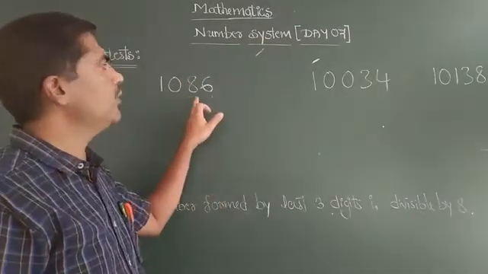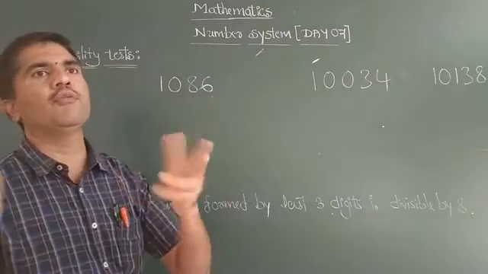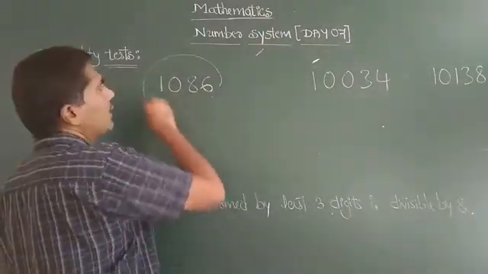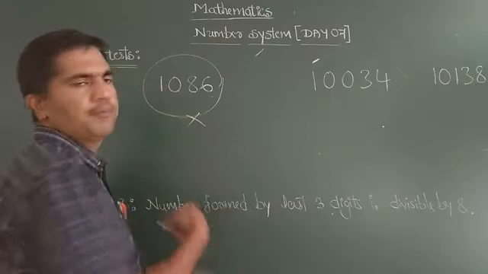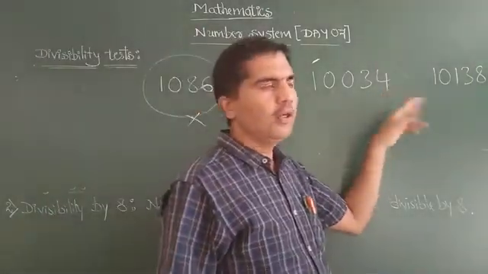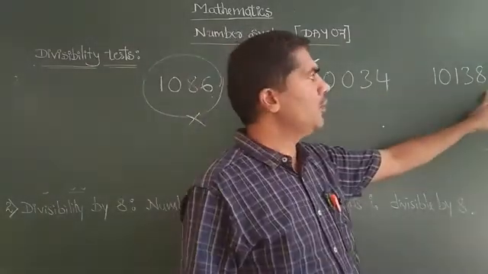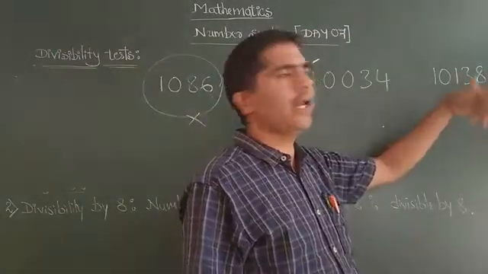Next I will check with 4. When I check with 4, it is not divisible by 4. Then it is a ruled out case. You did not go for 8. Here, divisible by 2, not divisible by 4, did not go for 8.